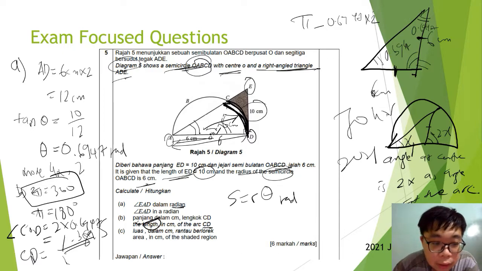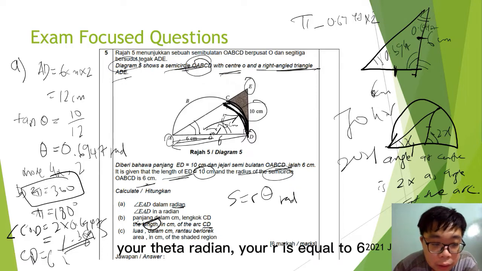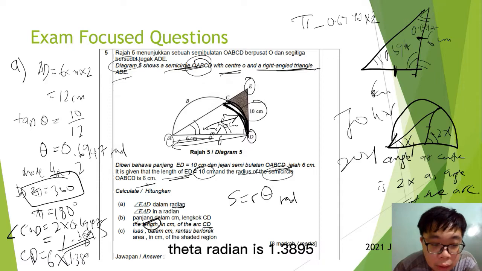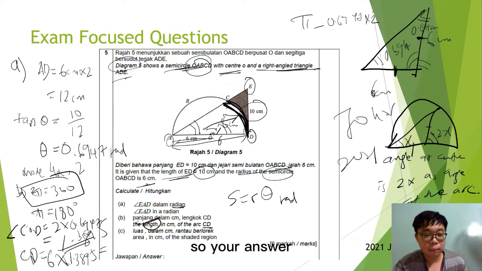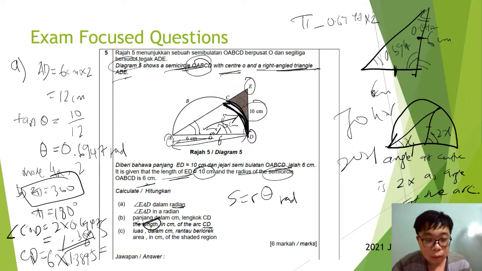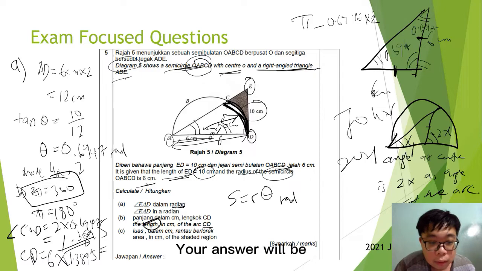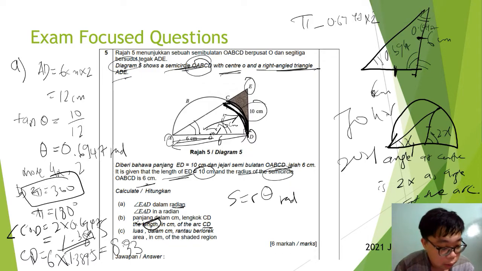So your r is equal to 6 and theta in radian is 1.3895. So your answer will be 8.3369 centimeters.